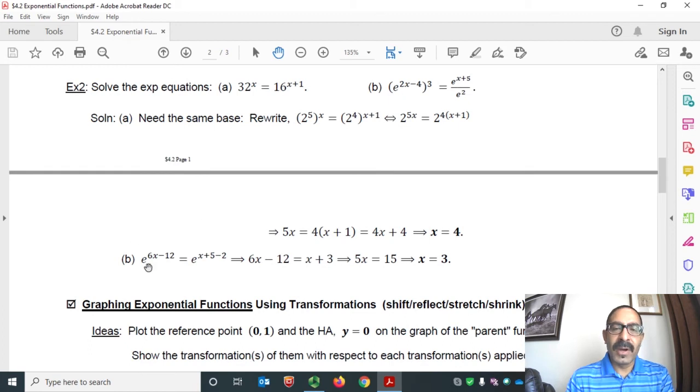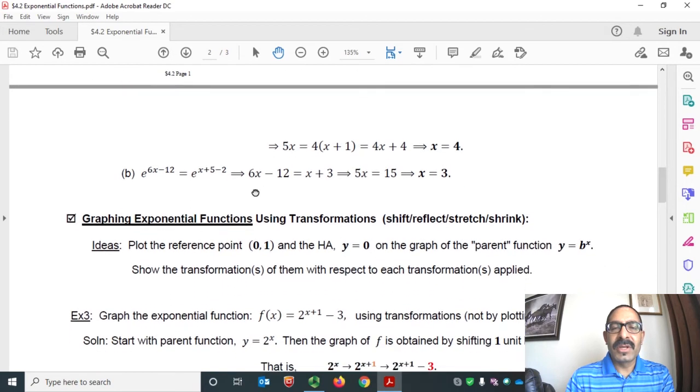So then e to the power 3 times 2x, 6x minus 3 times 4 is 12, equals e to the power x plus 5 as it is. Then bring e squared to the numerator by making the exponent negative 2, and then add to the exponent. That means here it's minus 2. I hope this makes sense to you all.